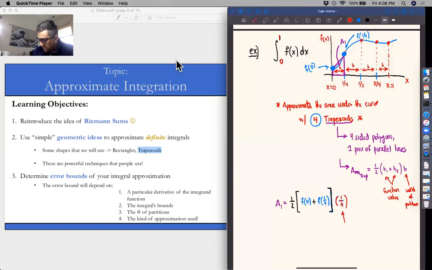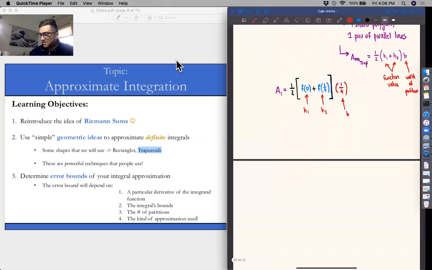So again, that was our b from our formula, and these are both our h1 and h2 values. Let's make this a little more clear. f of 0 is h1, and f of 1/4 is h2. And we're going to do this for each of those trapezoids.